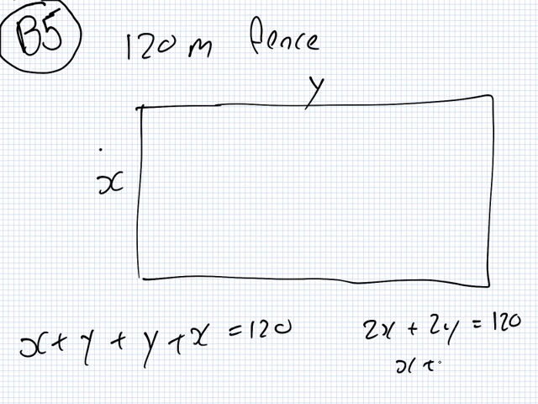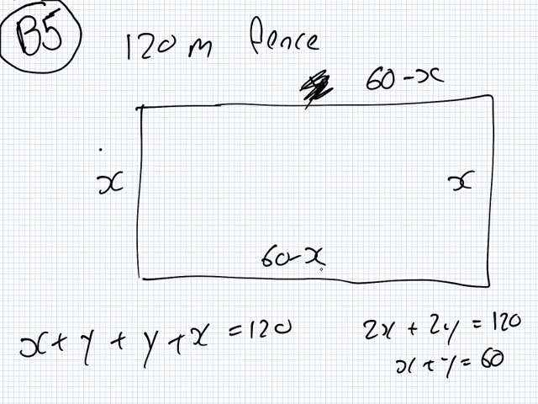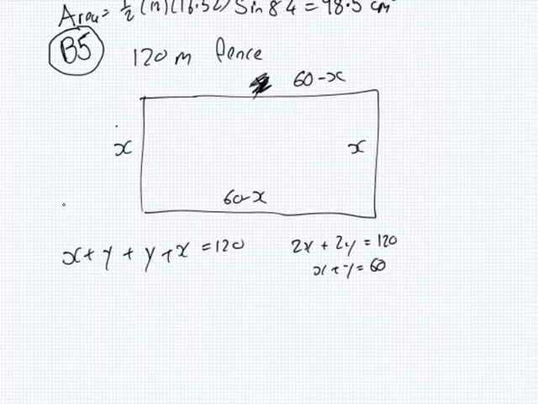So x plus y equals 60. So then this side here, instead of being y, is actually 60 minus x, if you rearrange this. This side is x, and this side is 60 minus x. And what did they want first? The area. Find the value of x which gives the maximum area.